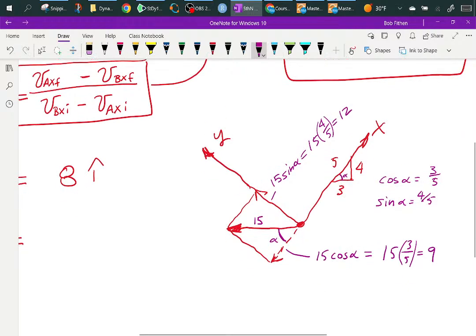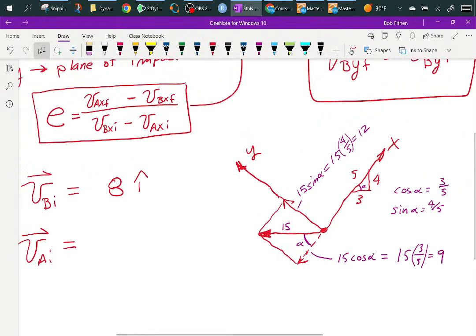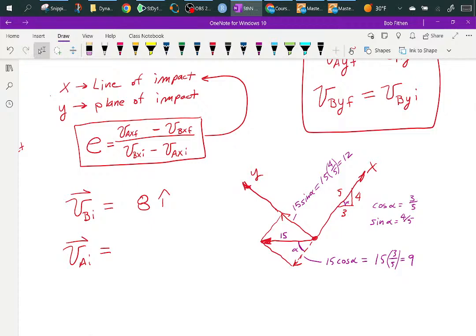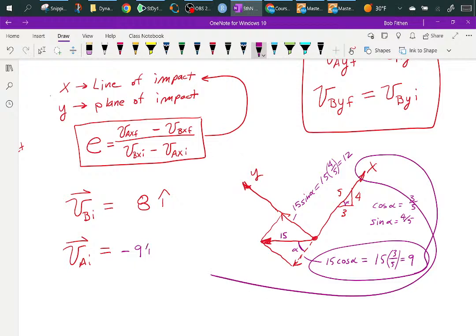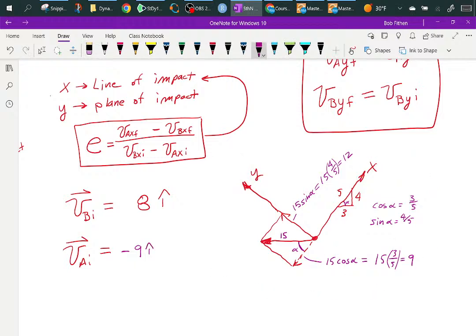Now I have the velocity: first minus 9 along the x, and plus 12 along here.